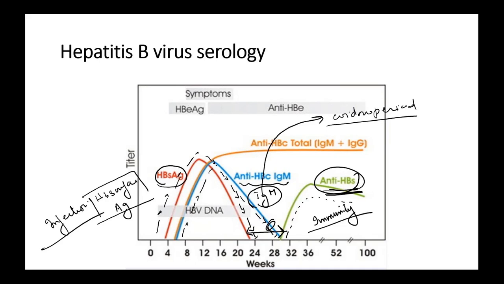Now let's say hepatitis B surface antibody is positive, and everything else is completely negative. That indicates vaccination.